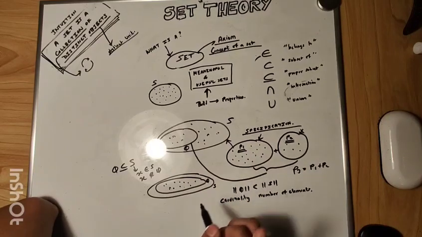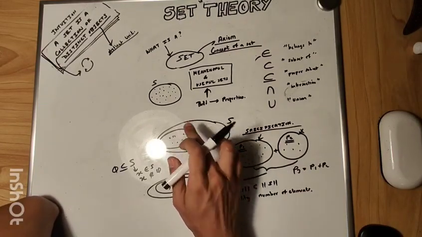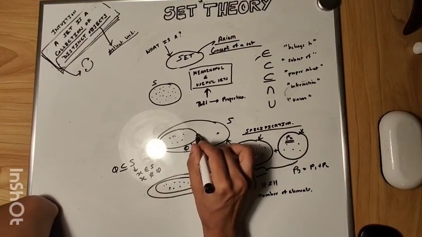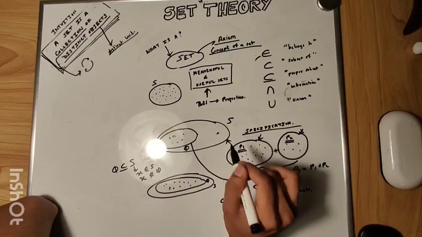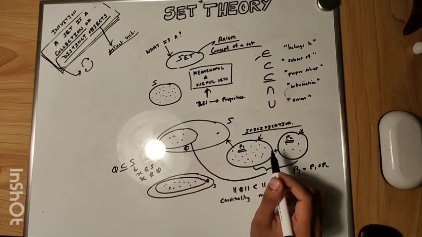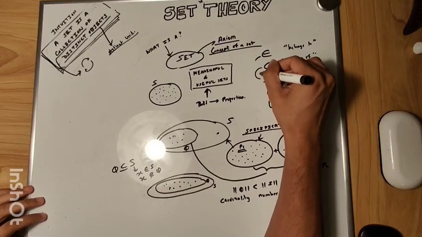You need at least one element in S that does not satisfy P2 to have Q as the proper subset of S. So that's what we mean by set, subset and proper subset.